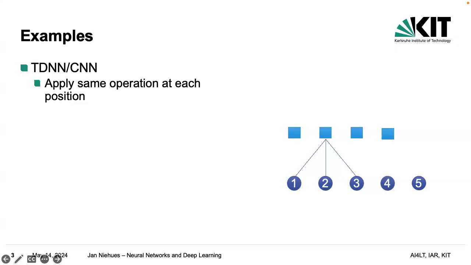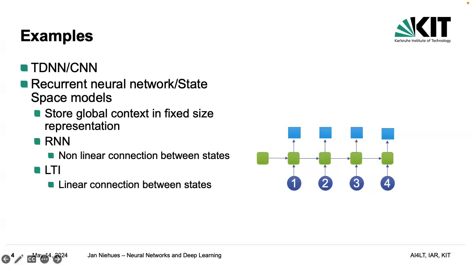Then a second type of architecture are recurrent neural networks or state space models, where the idea is not that we're applying the same operation at each position, but in addition we have this global context stored in a fixed size representation, which is our hidden state and which is shifted over time. So we're always storing what is important about what we have read so far in an additional memory, which we can always access at each position.